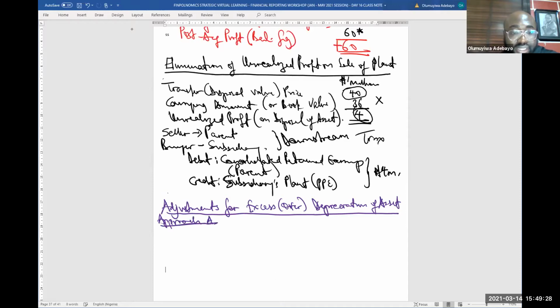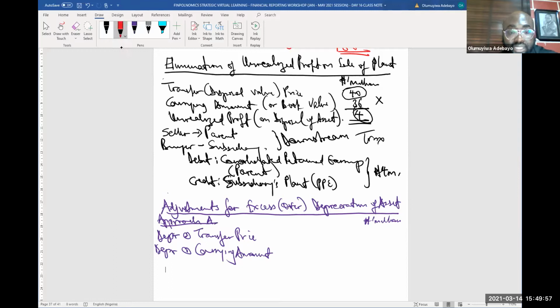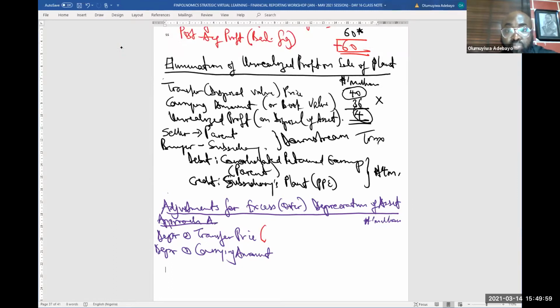Approach A says that, okay, what is the depreciation based on the transfer price? And let me compare it with the depreciation based on the carrying amount. If you are to depreciate an asset, you bought it for 40 million.